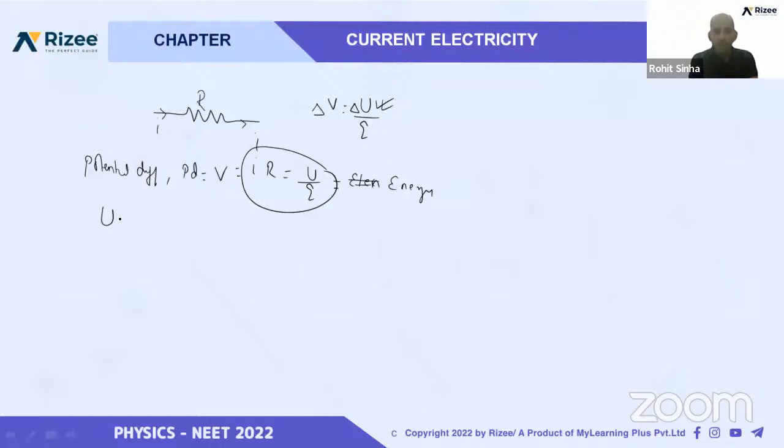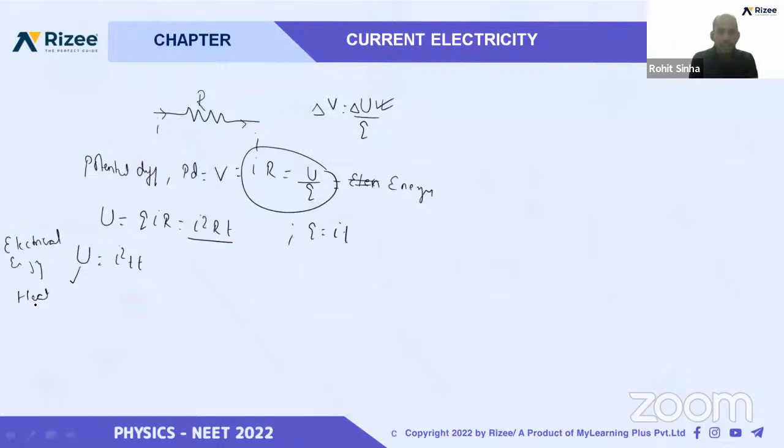So electrical energy is equal to V into Q, and the formula of Q is equal to I into T. What we will get is U equal to I square R into T. So the electrical energy is equal to I square R into T, and this is in the form of heat.